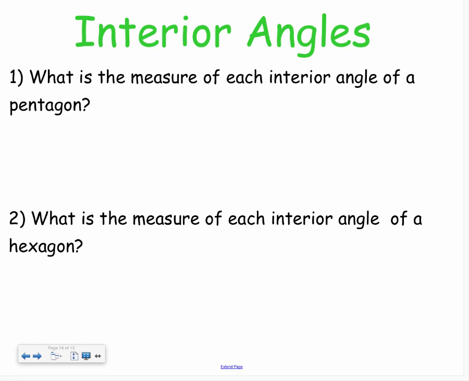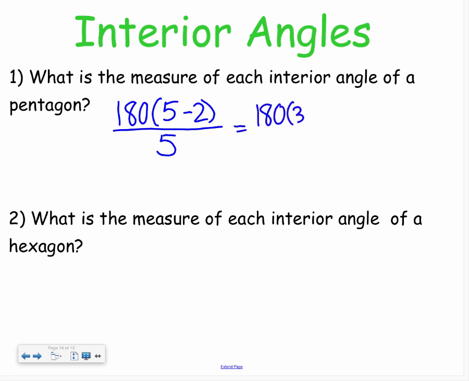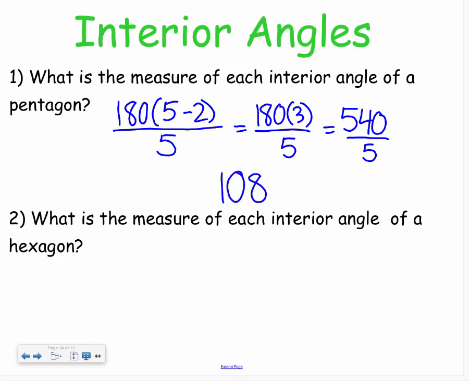So if I have a pentagon, it has 5 sides. So we take our formula, 180 times 5 minus 2 divided by 5. 180 times 3 divided by 5 gives us 540 degrees, split up into 5 angles. So each angle inside a pentagon is 108 degrees.